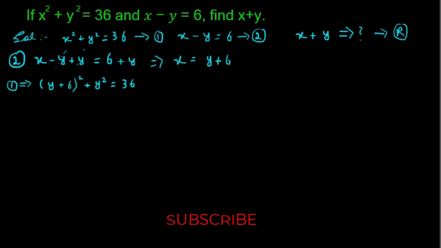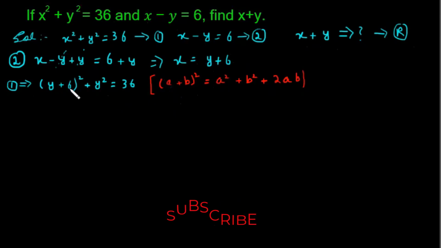Now we know the identity that a plus b whole squared is equal to a squared plus b squared plus 2ab. In this a plus b, I will treat y as our first term a and 6 as our second term b. So I will expand this bracket according to this identity.